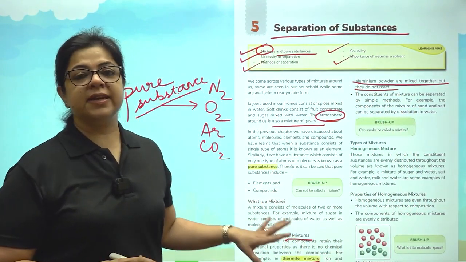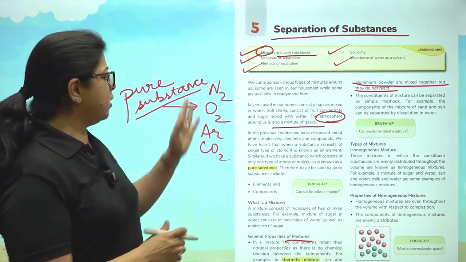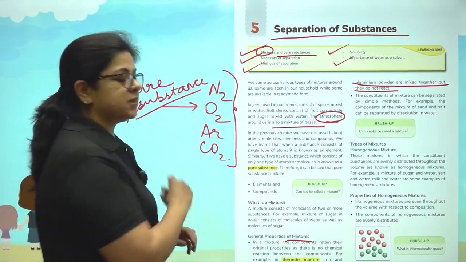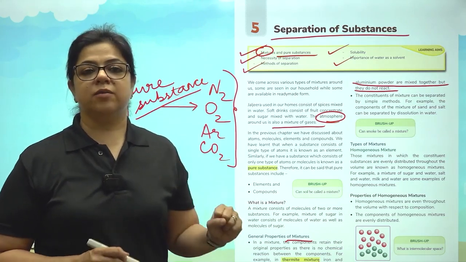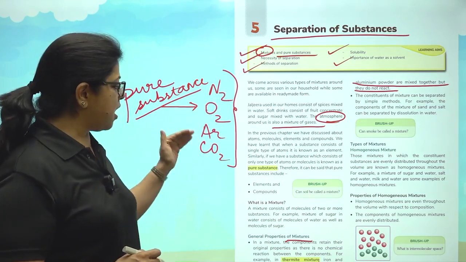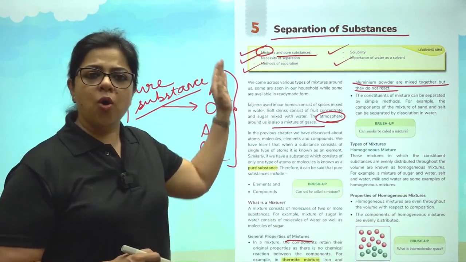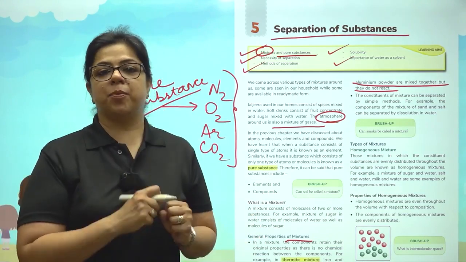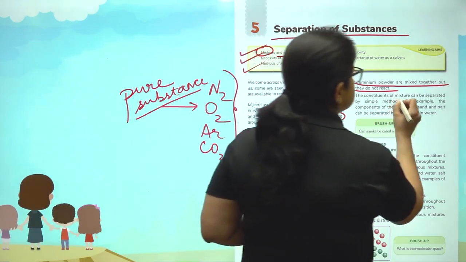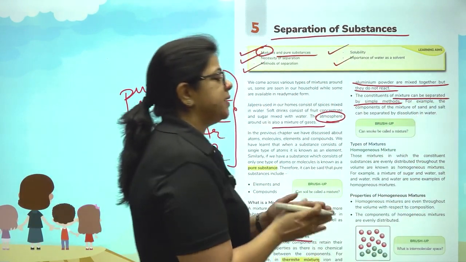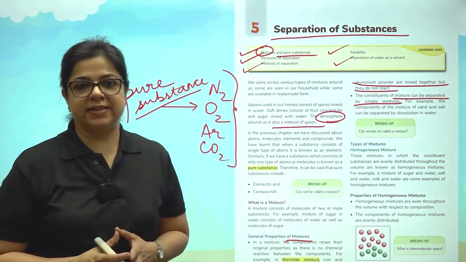So, the first thing is that in a mixture, all the different elements that are present will retain their properties. In the atmosphere, nitrogen, oxygen, argon, carbon dioxide, all these maintain their properties, right? The second thing is the constituents of the mixture can be separated very easily.